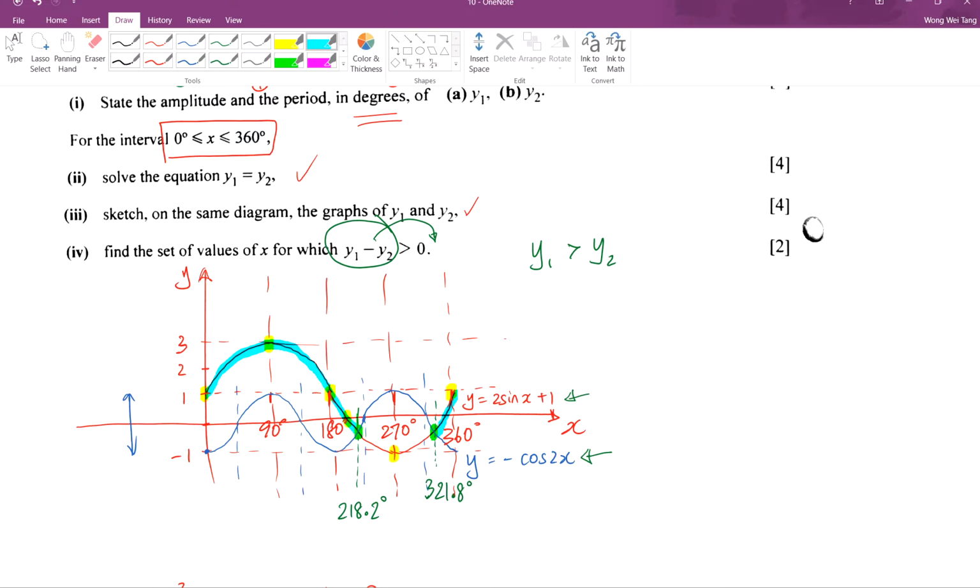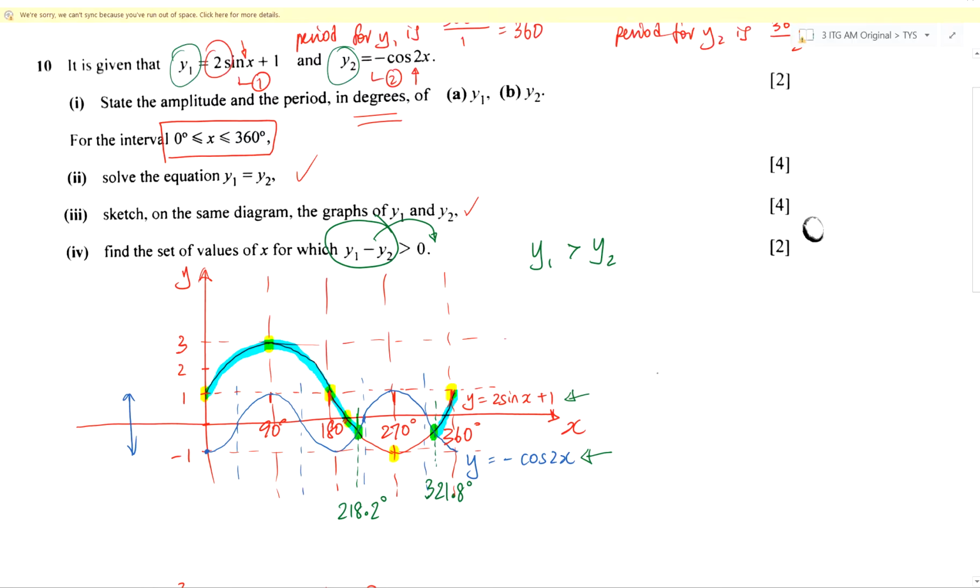Therefore, the required answer for part 4, this required set of values of x, starting from and equal to 0 degrees up until, but we cannot include, 218.2 degrees, because at 218.2 degrees they have the same y value.